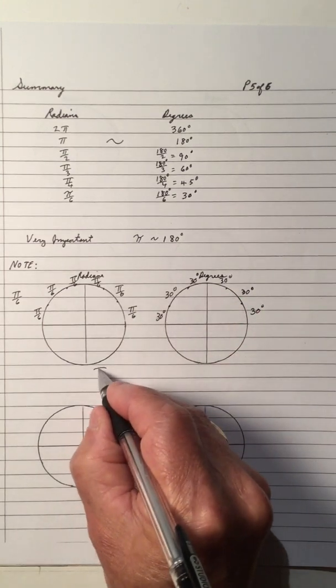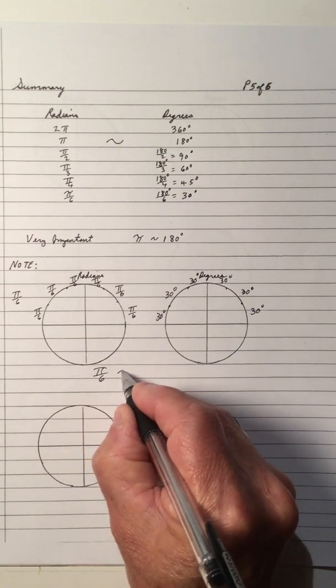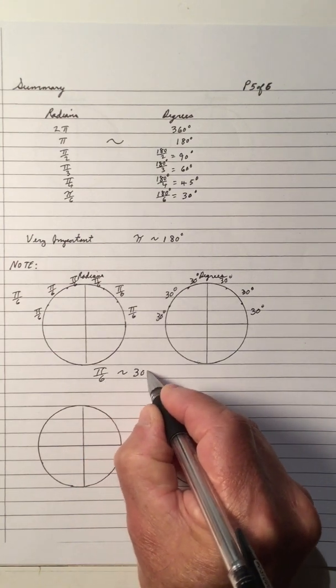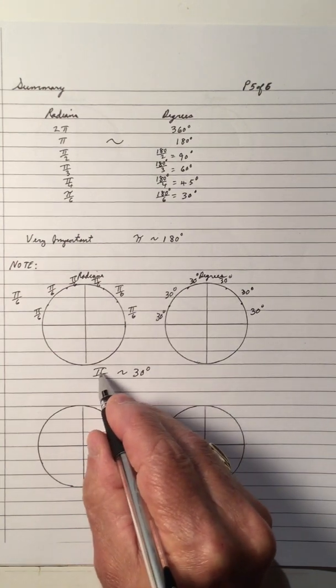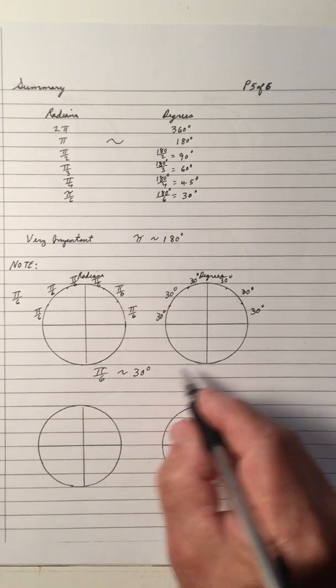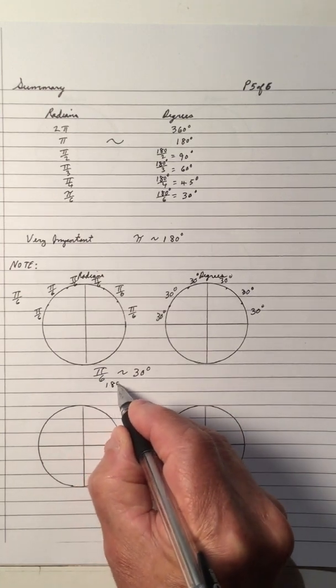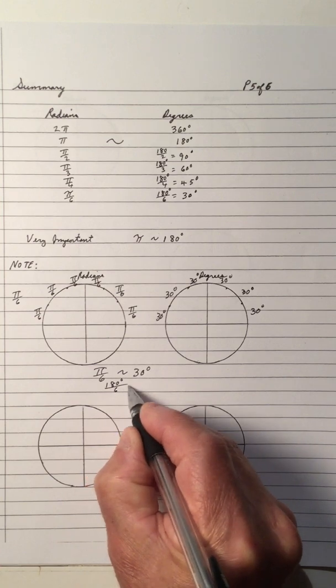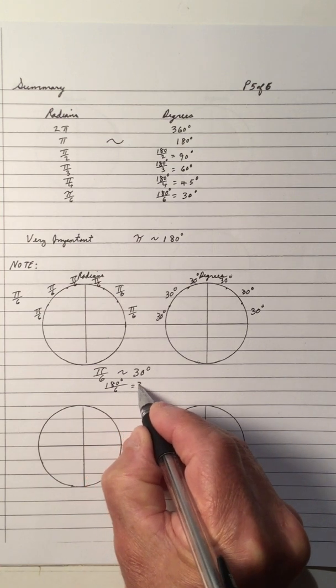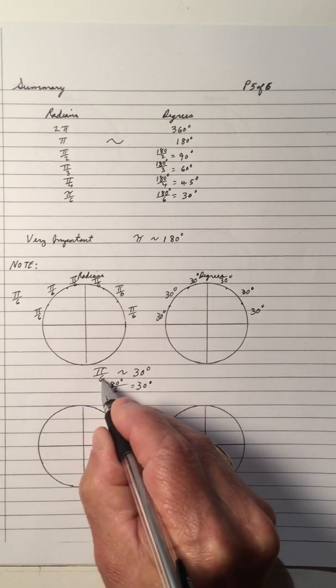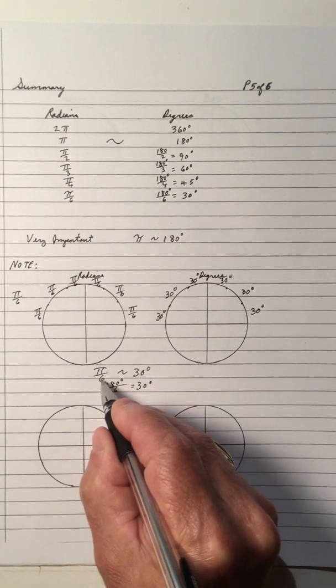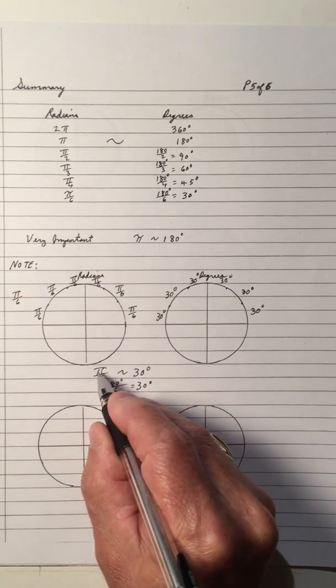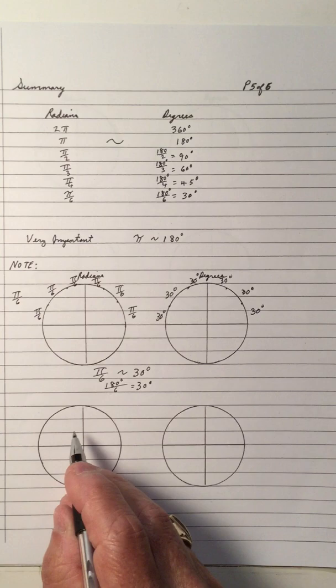So pi over 6 is equated with 30. Notice pi is 180, so 180 divided by 6 is 30 degrees. 6 times 30 is 180, and 180 divided by 6 is 30.